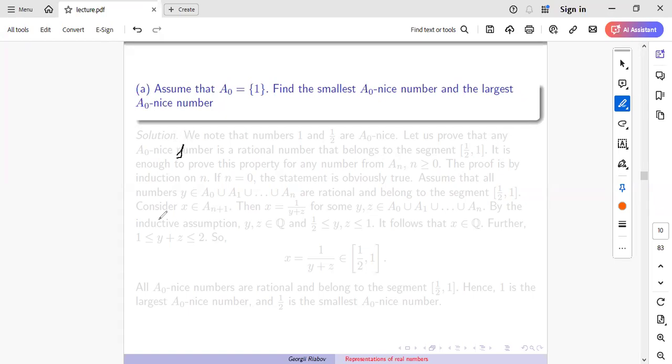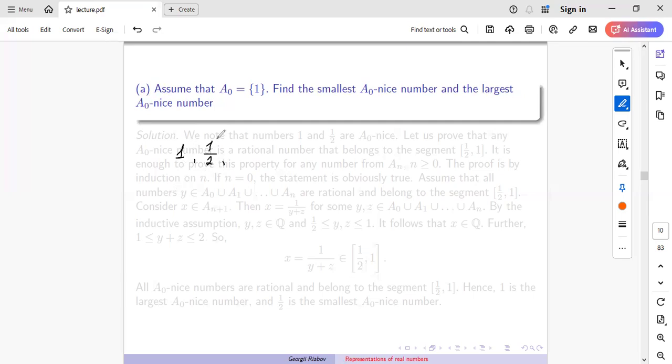Okay, so we start from the real number 1. Then we can form the number 1 over 1 plus 1, which is 1/2. Now we can take any pair of these numbers. Of course, if we take 1 and 1, we will get again 1/2, so there is no sense in doing this.